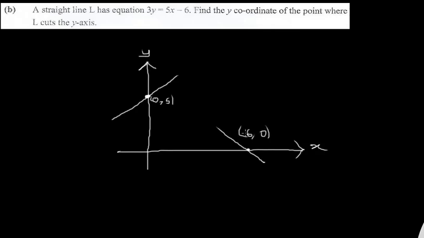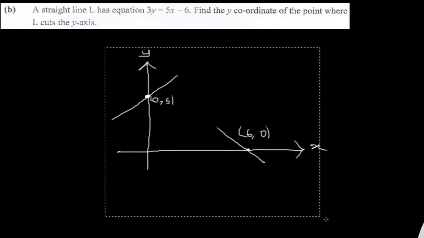Makes sense? So at the point where a line cuts the x-axis, the y-coordinate is 0, and at the point where a line cuts the y-axis, its x-coordinate is 0.